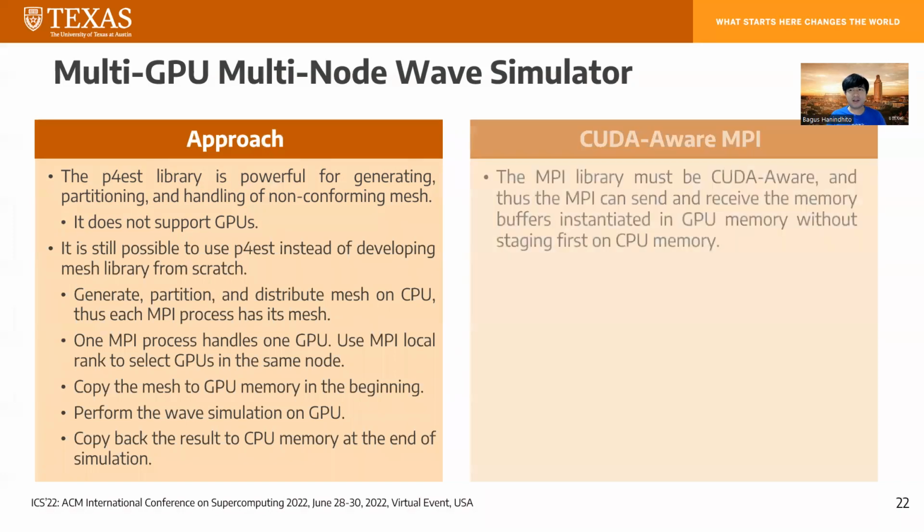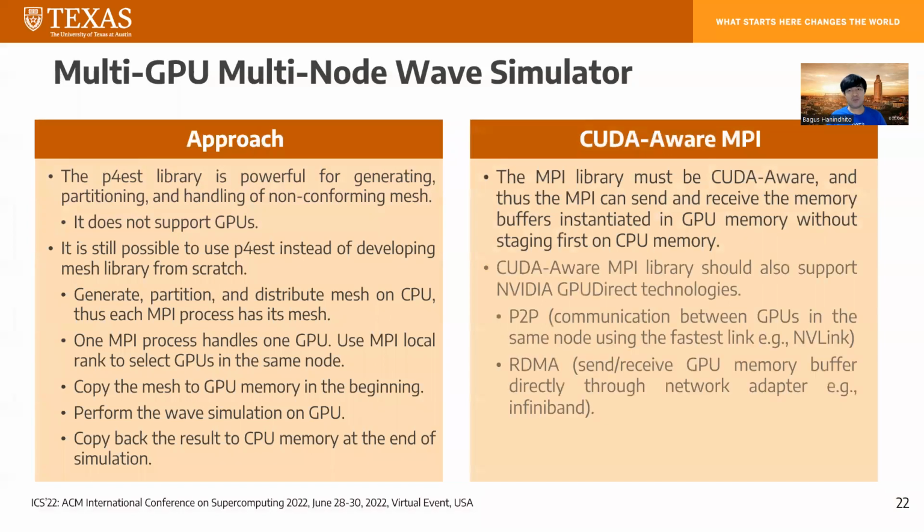To do that, we need a CUDA-aware MPI so that this MPI can send and receive the memory buffers in GPU without staging first in CPU memory. And CUDA-aware MPI supports NVIDIA GPUDirect technologies such as P2P and RDMA.